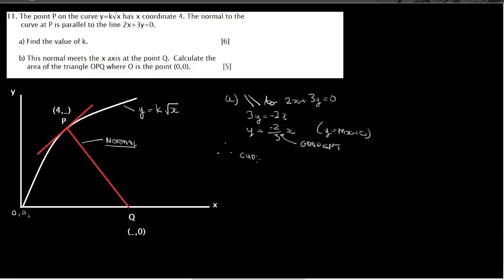So then we can say that the gradient of the curve is minus 1 over that, which is 3 over 2. So we know the gradient of the curve at point P is 3 over 2.